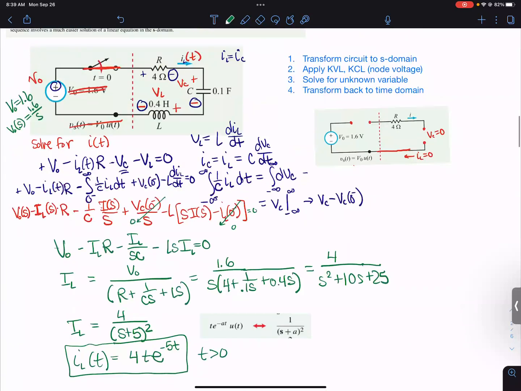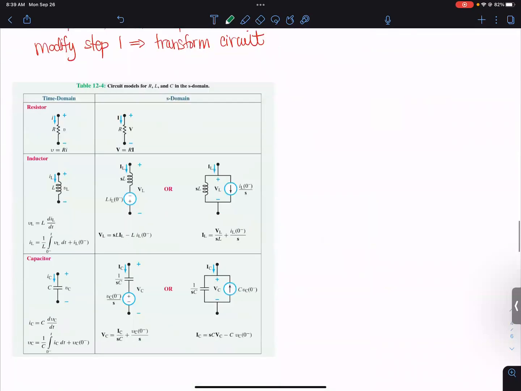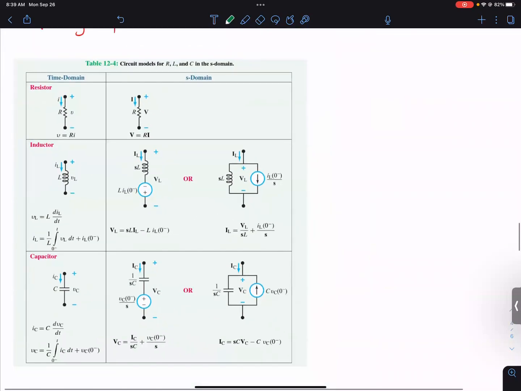You notice that the R translated over to an R. For the L component, that translated over as LS times I_L minus the I_L of 0 minus, so that initial condition. And for the capacitor, it was V_C of 0 minus over S. So these are the translations of the components. So R goes over to an R.